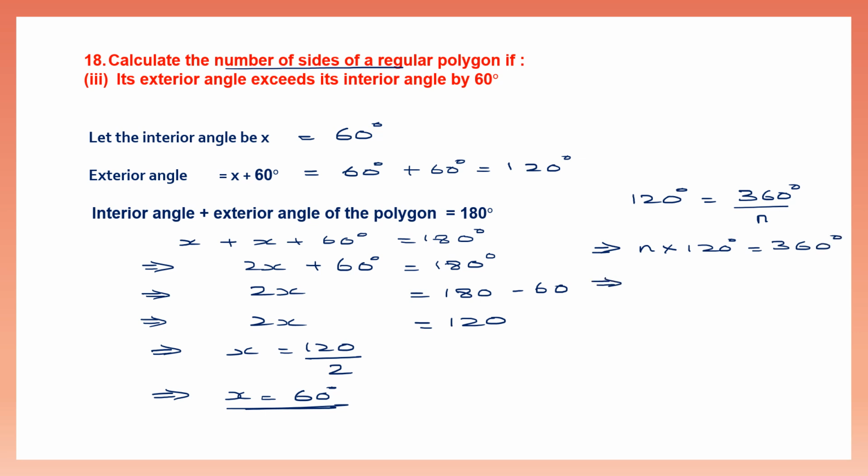So to find n, this will be 360 divided by 120. I can cancel this into 3. So that means n is equal to 3. The number of sides of a regular polygon is 3 if the exterior angle exceeds its interior angle by 60 degrees. So this is our answer.